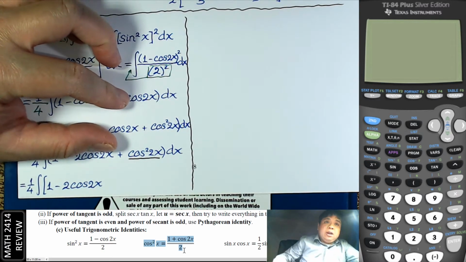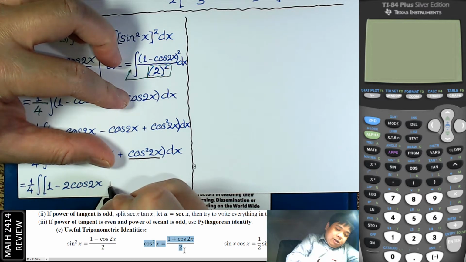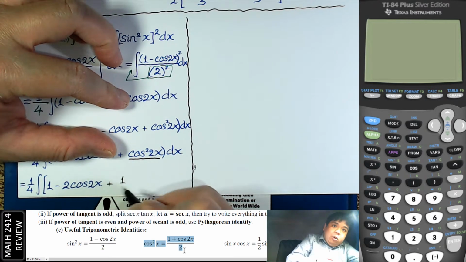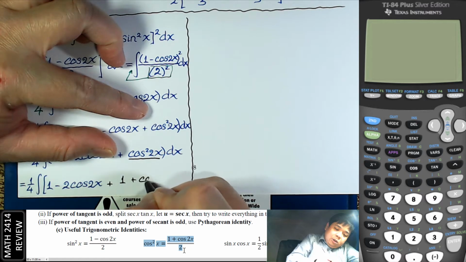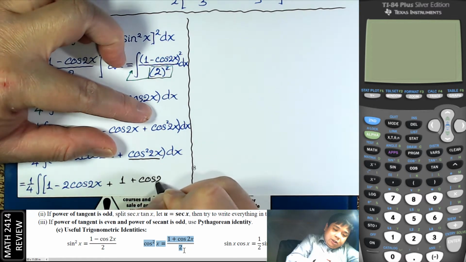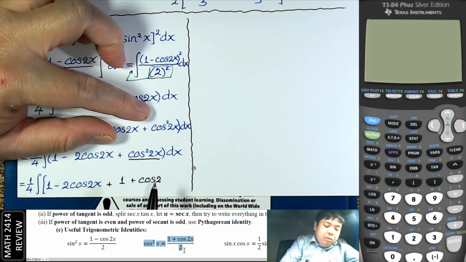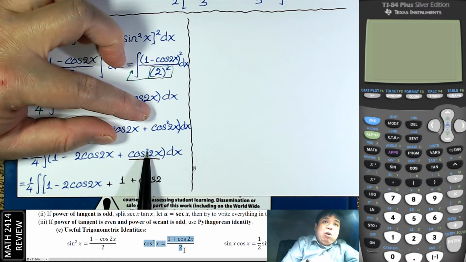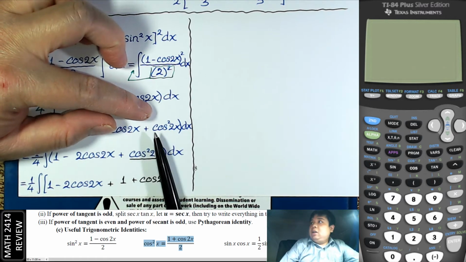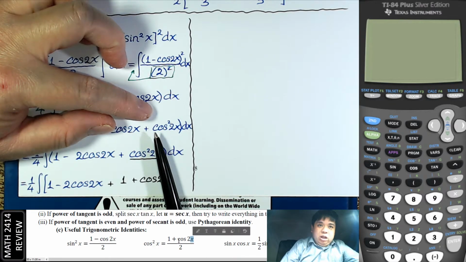Right. Cosine square is 1 plus cosine of 2x. I mean, power reducing, as you see, the angle is going to be double, the power is reduced.